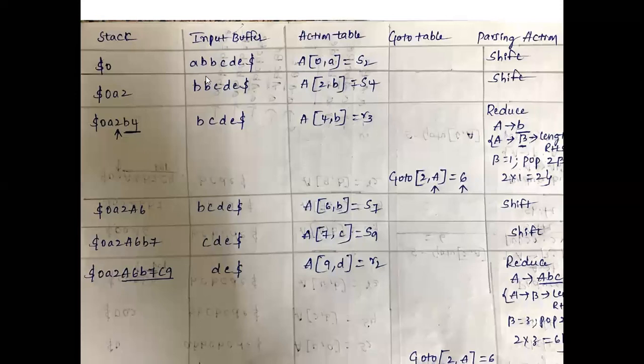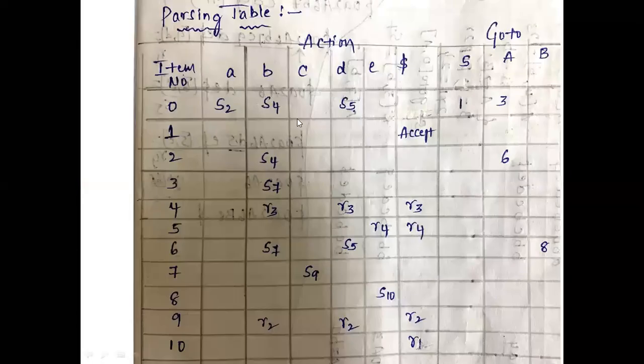So I am shifting this A and along with this 2 onto the top of the stack. Now action of 2 comma B, what is on the top of the stack? 2. So here it is B, 2 with B. Again we need to perform the shift. See here from the table, action of 2 with B, it is S4, right?